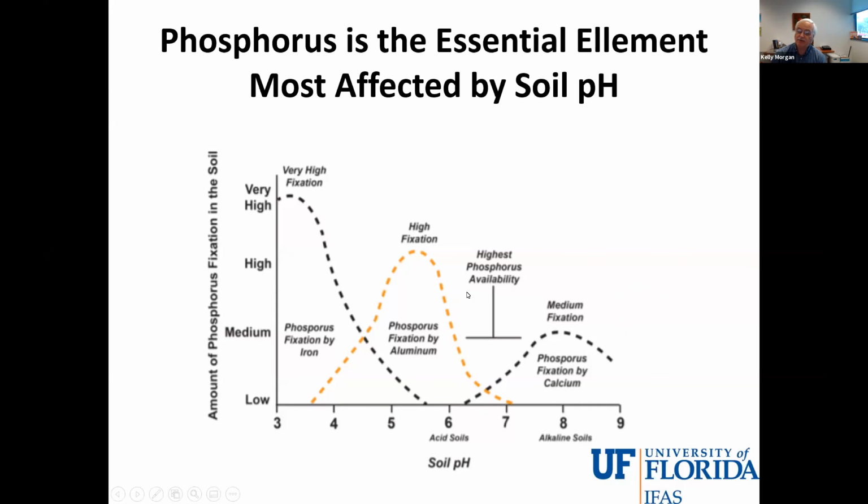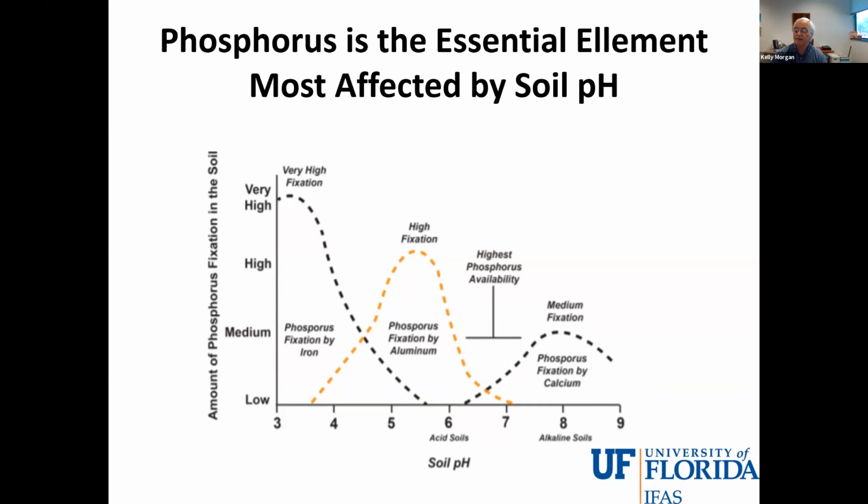As you go through the pH in an acid soil, the yellow graph here illustrates fixation of phosphorus by aluminum. As you go down, the highest fixation is at about 5.5.